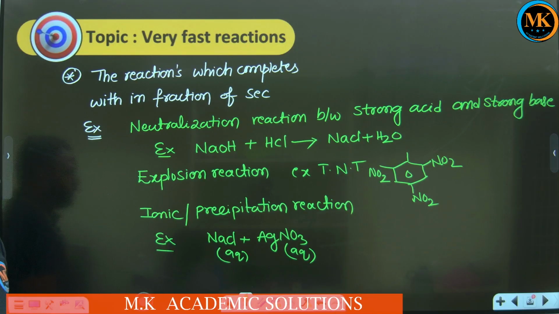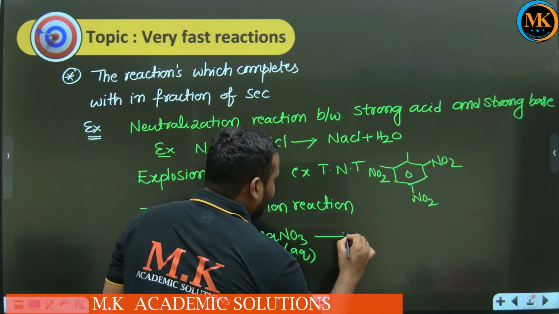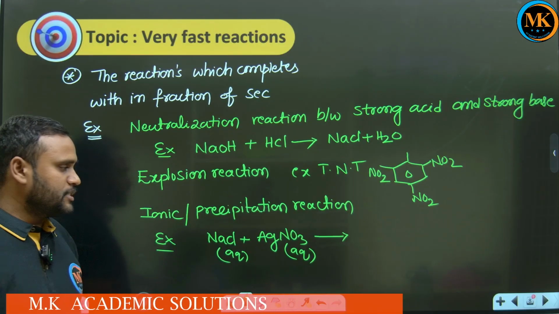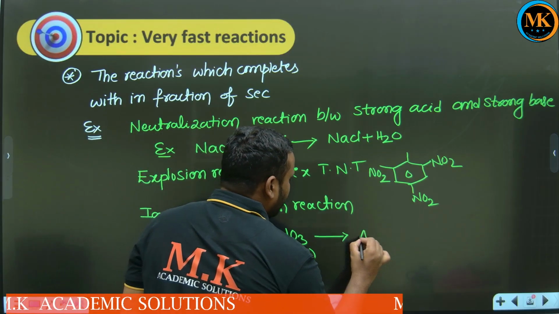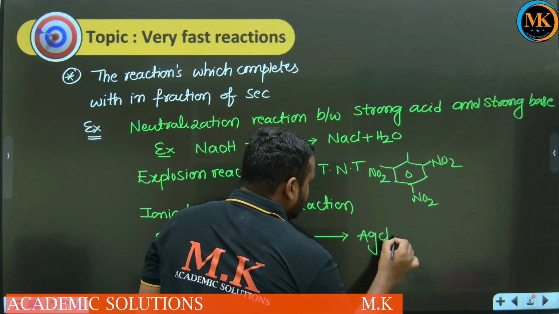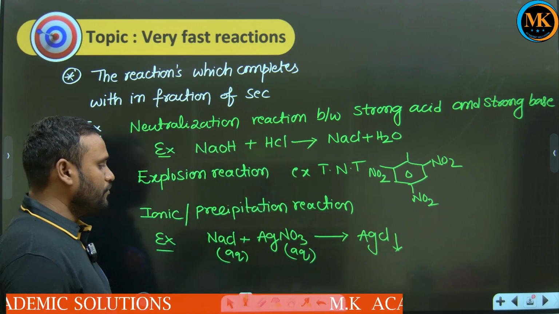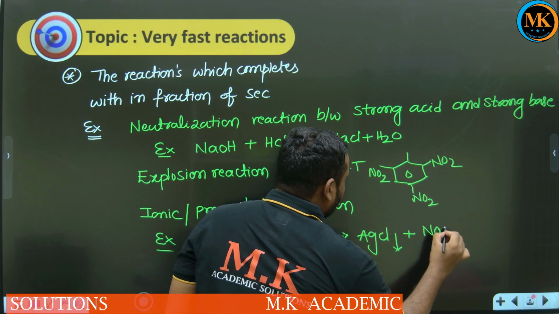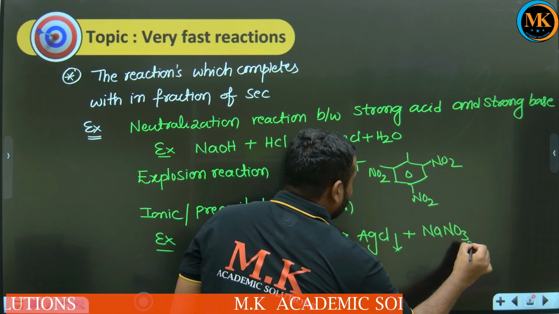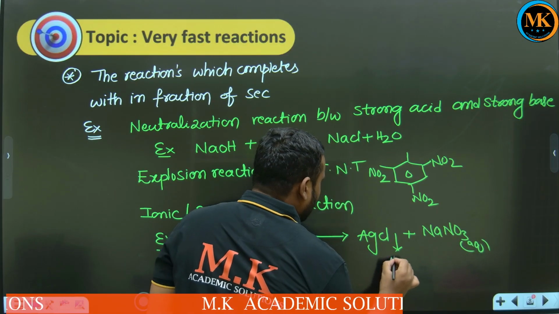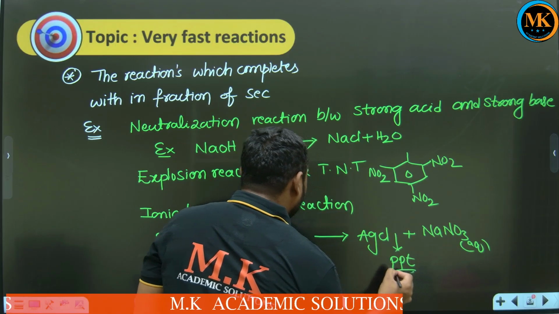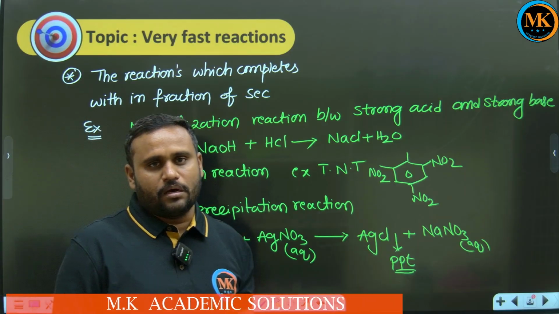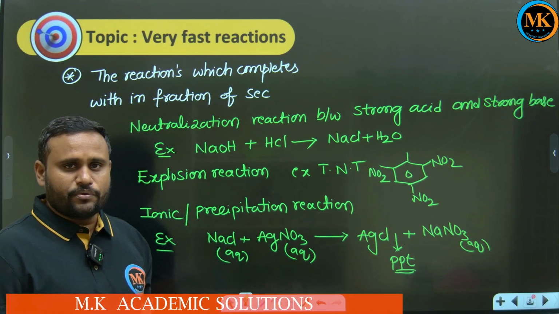When you mix them, immediately we observe formation of a silver mirror color precipitate, that is nothing but silver chloride. AgCl precipitate is formed, and it produces NaNO3, sodium nitrate, in the aqueous state. What is the meaning of precipitate? Precipitate is nothing but, children, an insoluble solid in a solution.